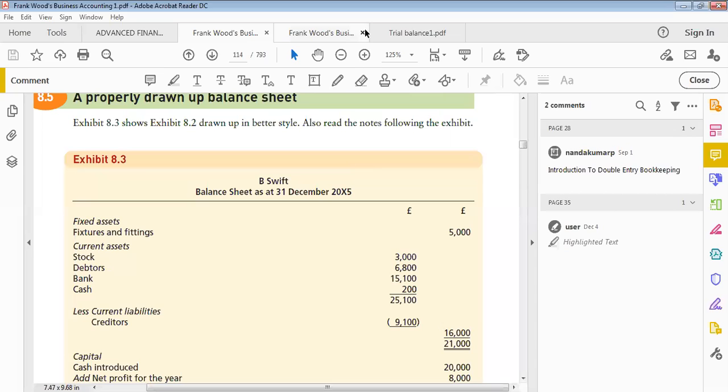So the 16,000 right there, we call it working capital.